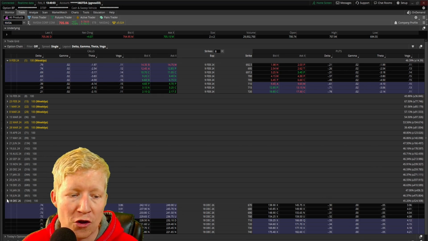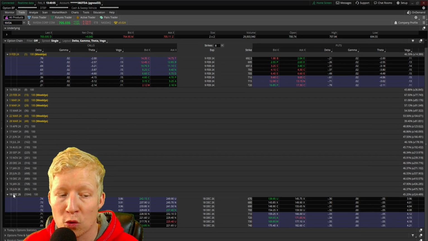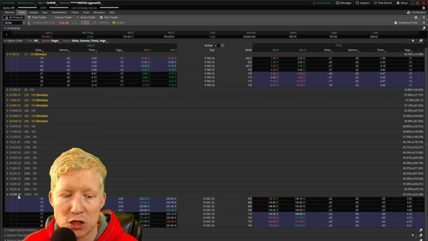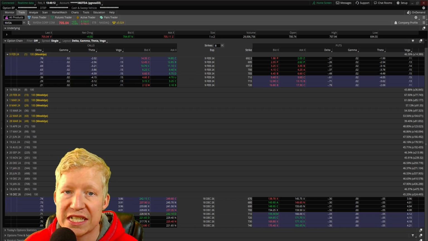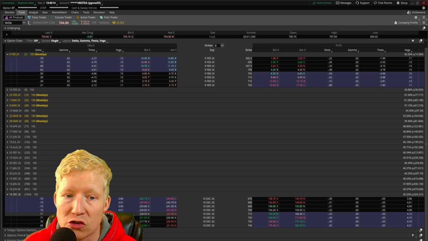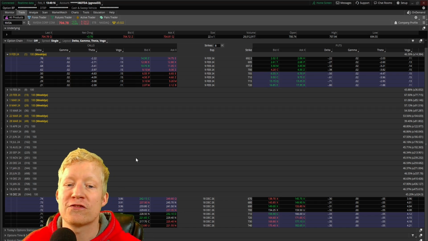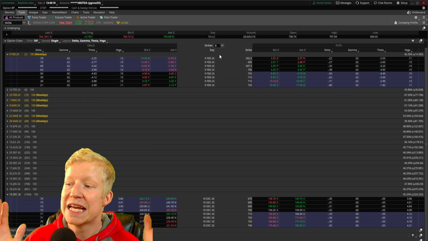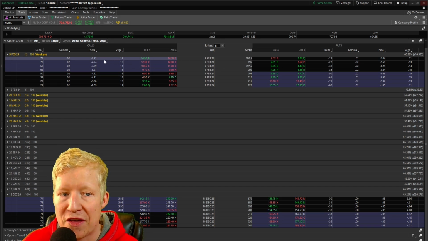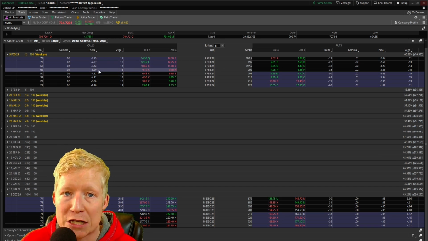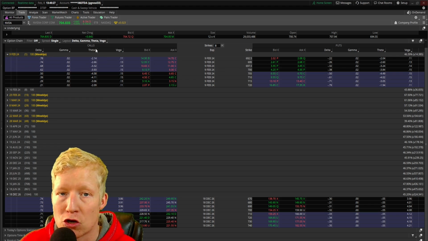Now, if we go further out, let's go to the most extreme, all the way to December 18th, 2026. Look at how much smaller the theta is. The theta is only 12 cents, or $12 per contract, down here because it's further away from expiration. Distance to expiration is huge as it pertains to theta decay. If you've heard of theta decay, that's what people are talking about, the amount that your option loses.